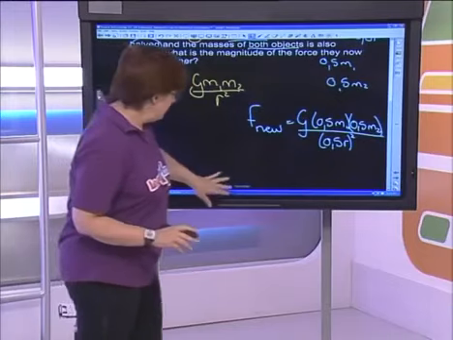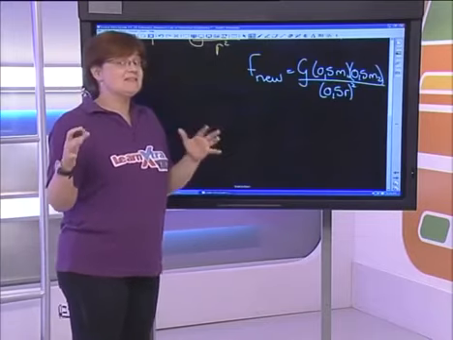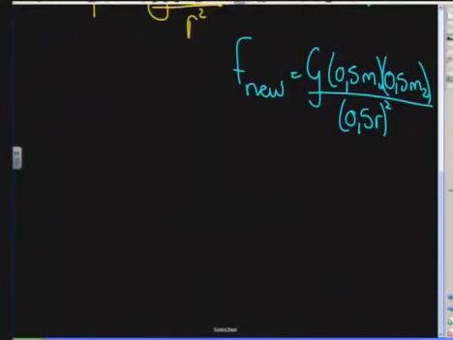Stay with me. Now we go, okay, let's put all the constants, the numbers, together. So we're going to put all the variables on one side of the fraction. We're going to put all the constants together.